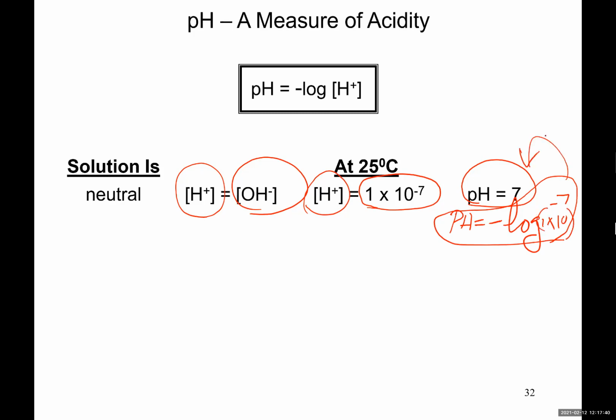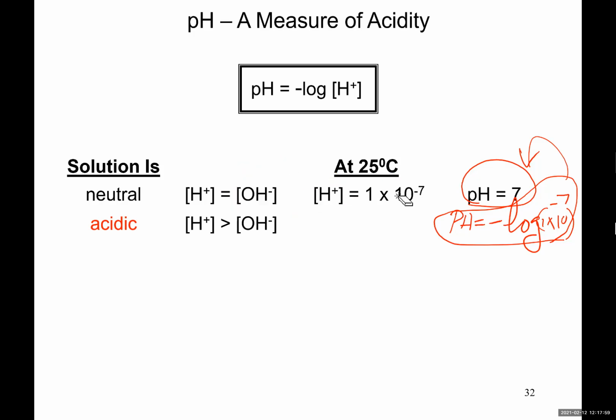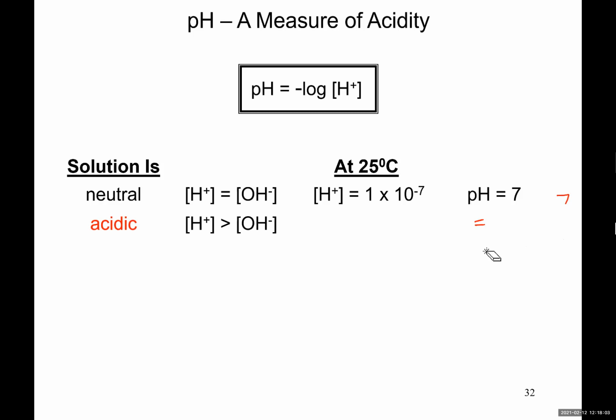This is the number you get. So if a solution has a pH of 7, we call that a neutral solution. So again, by definition, any solution which has got more hydrogen ion than hydroxide ion, we call that solution acidic.